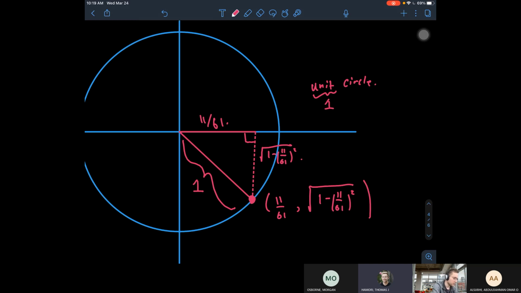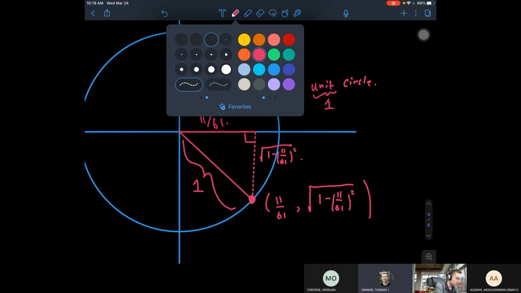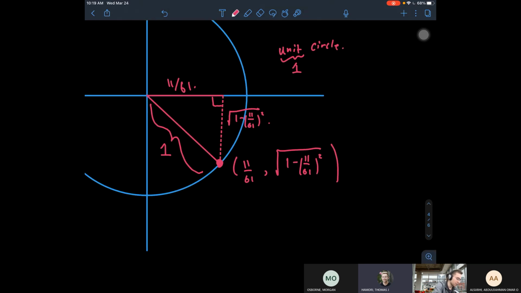So the vertical line goes to the x-axis, I make a triangle. I use the fact that cosine represents the x value of this point to know that the leg, which deals with distances left and right, should have the length which corresponds to the point.